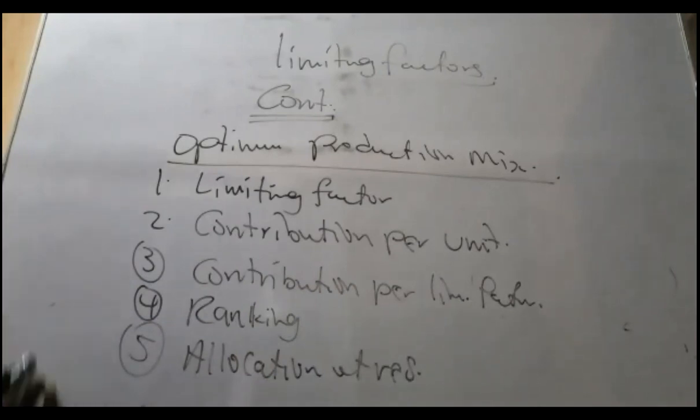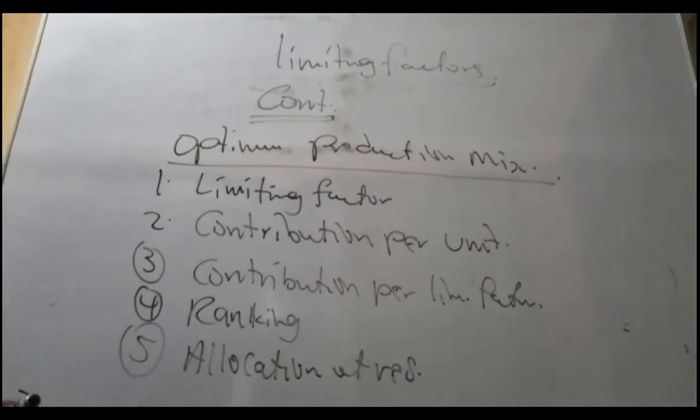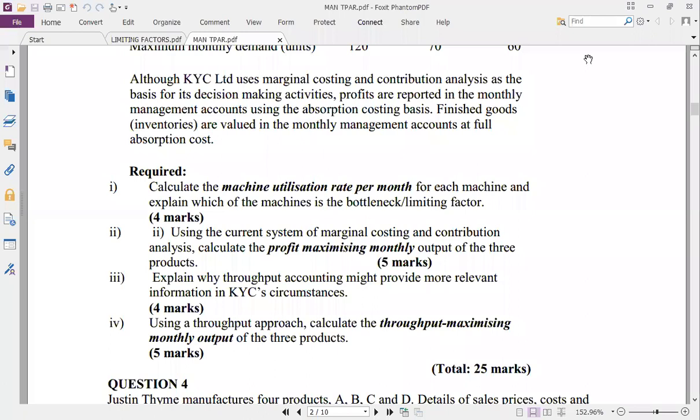So that's the steps. And we look at it in throughput question number 3. So we will pick one question and go through to remind ourselves. Then we move on to make or buy. So let's select one question. Yeah, the throughput question 3.